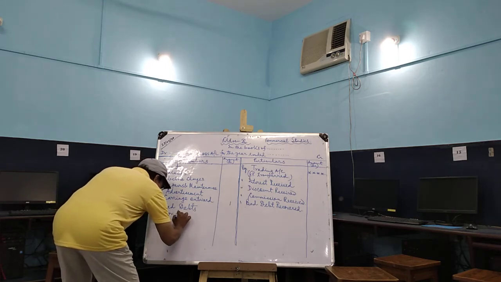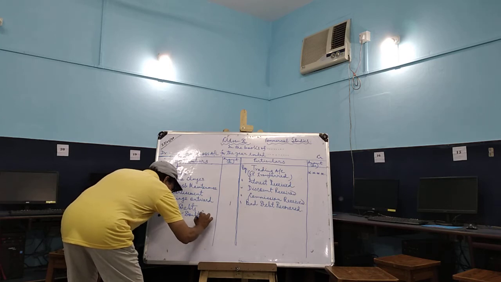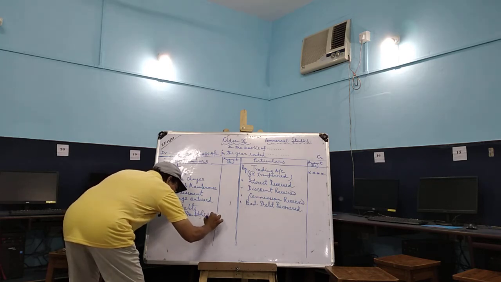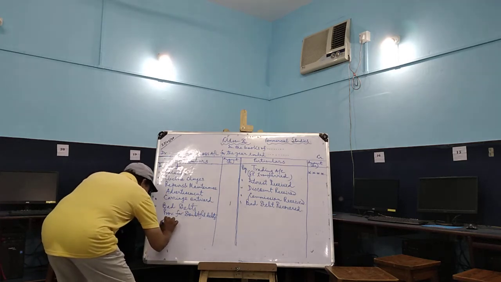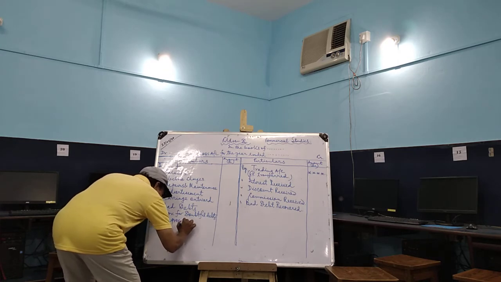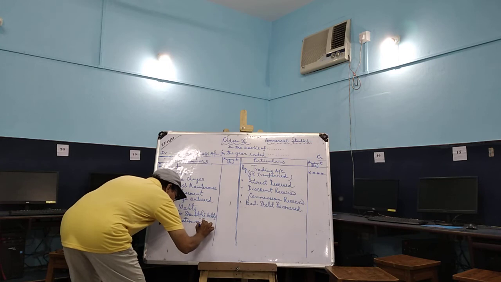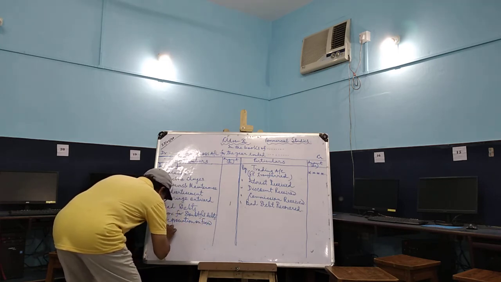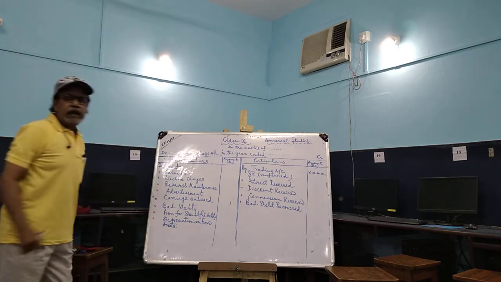Provision for doubtful debts, I will explain it afterwards. Depreciation on fixed assets is also a financial expenditure.